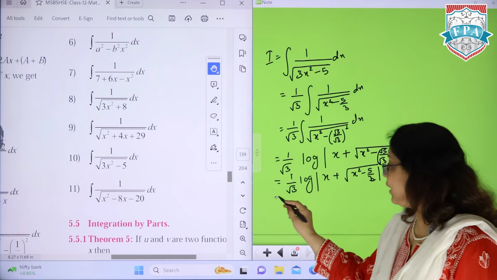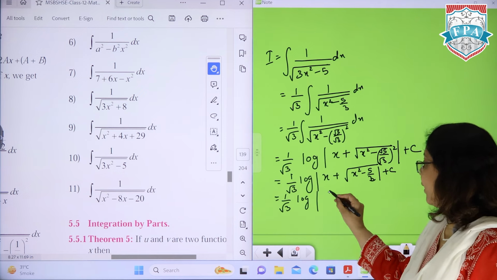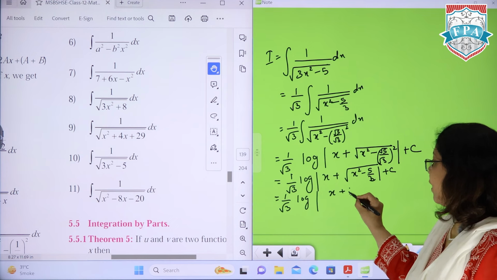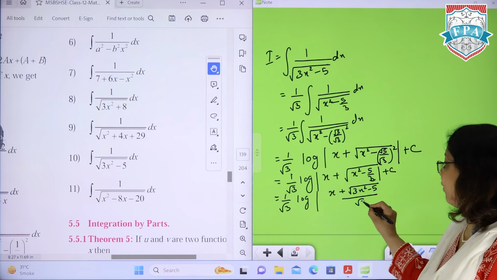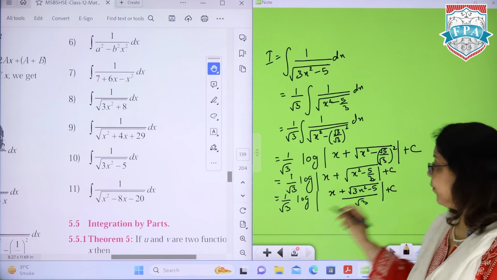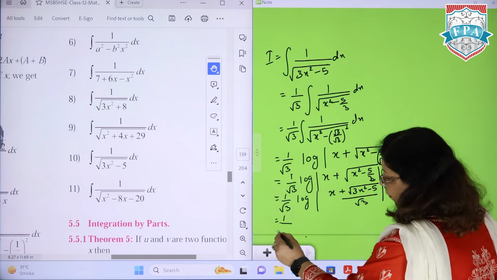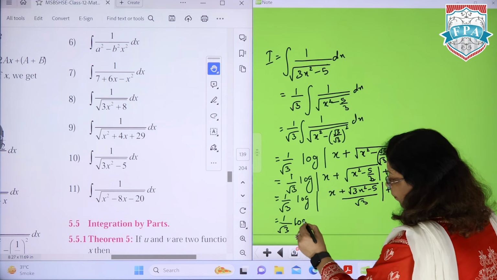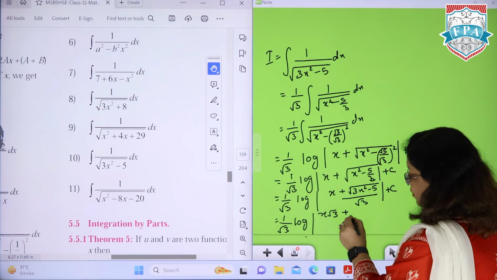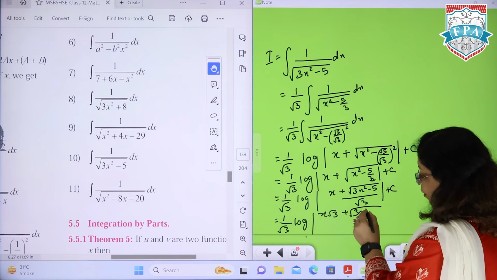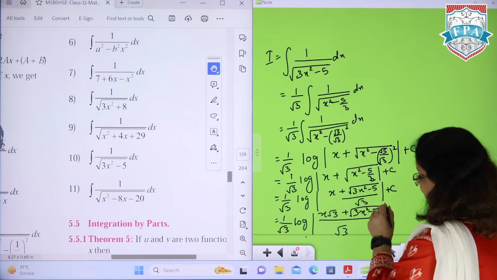Now when you take this out, 1/√3 log, this 3 will come here, x plus under root 3x square minus 5 upon root 3 plus c, which can be simplified to 1/√3 over here log x root 3 plus root 3x square minus 5 upon root 3 plus c.